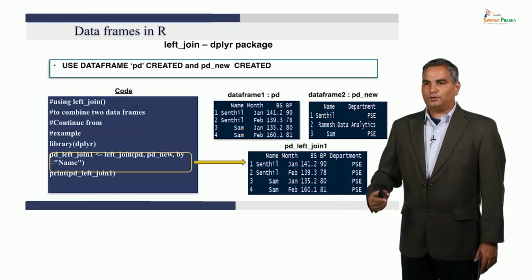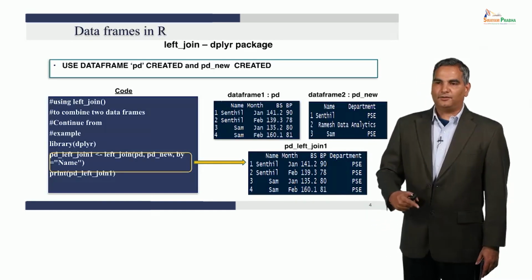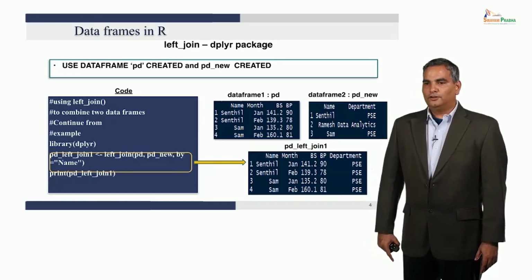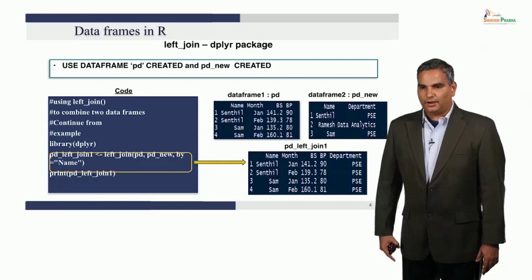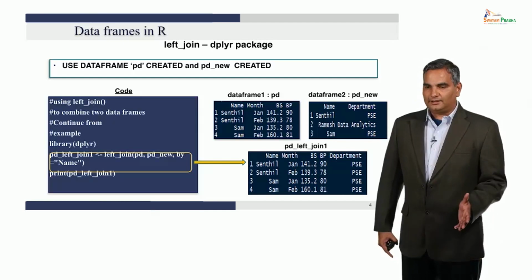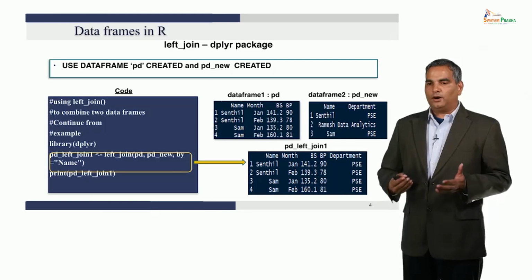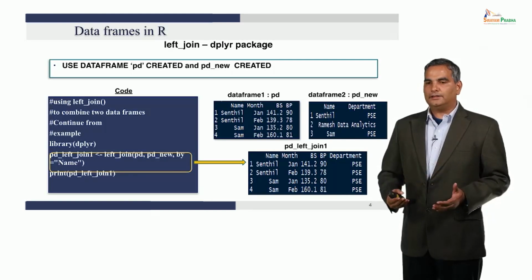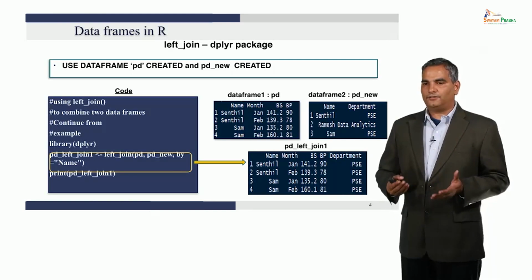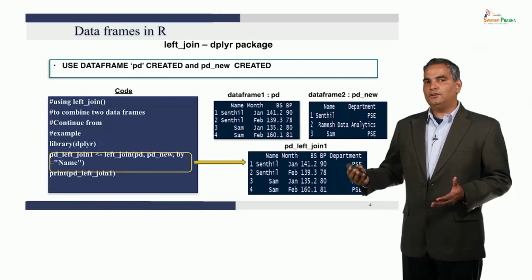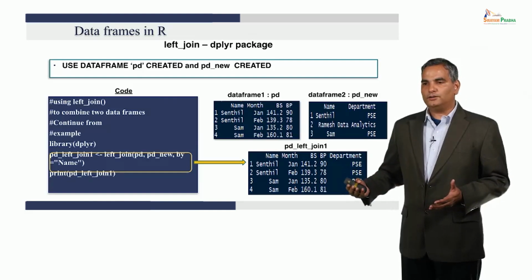But when it comes to Ramesh, I don't have corresponding information for Ramesh in data frame 1, which is blood sugar and blood pressure. So if you do left join with PD as the first argument and PD new as the second argument, then what R is going to do is take PD as the reference. So whatever is available in PD, it is going to use as a reference, and anything new that comes out in PD new, it's going to drop.